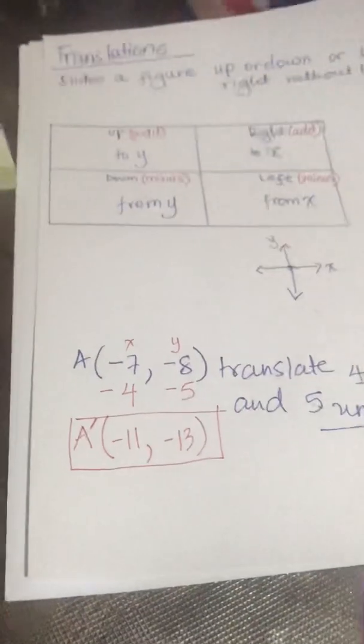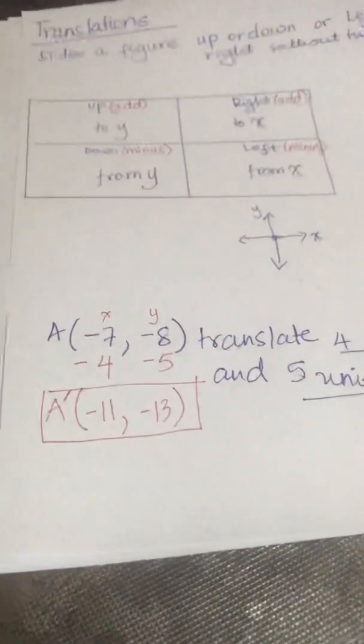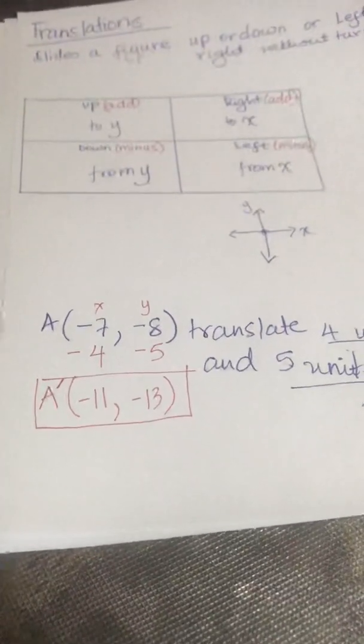So you need to know how to read. Let's do another example. Given triangle ABC is translated 6 units up.